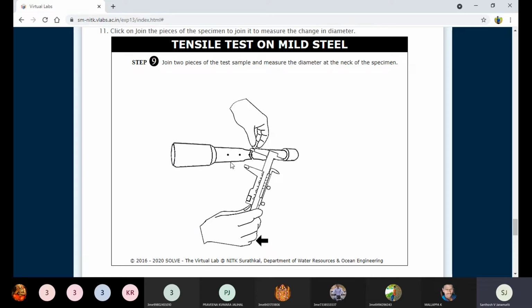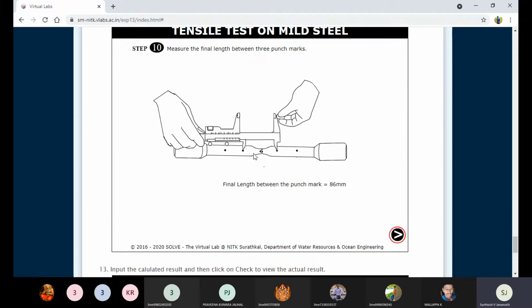Then you can take the final dimensions of the sample: the total length of the sample and the gauge length. There will definitely be permanent changes in the length that you need to note down, and the cross-section area of the sample also.